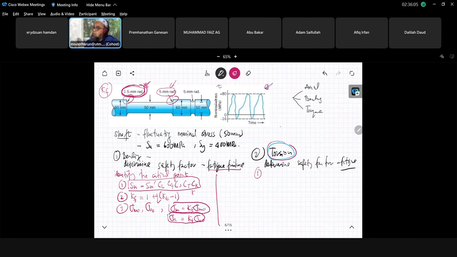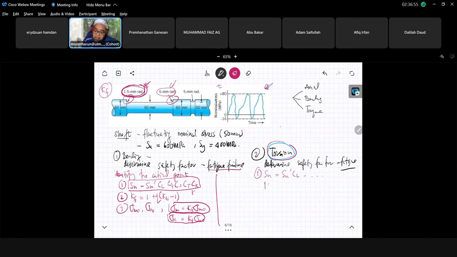So for the first one, Sn equal to Sn with Cl and so on. You have to be careful of taking on the torsion.